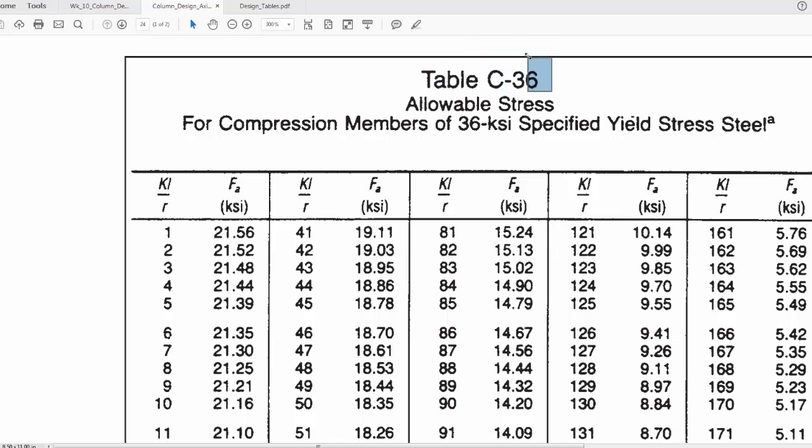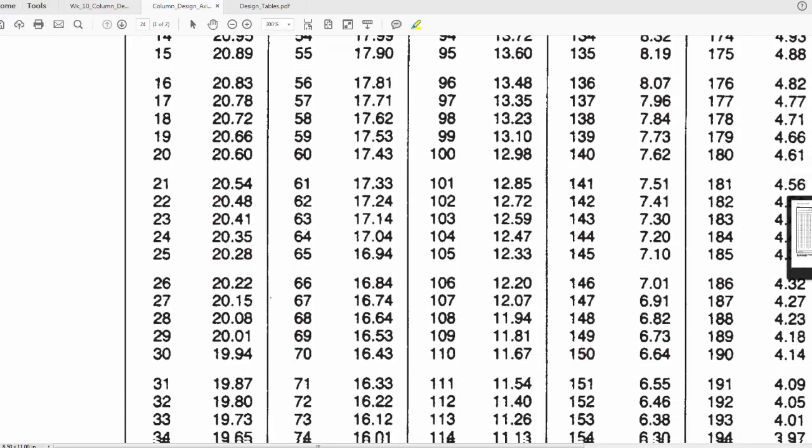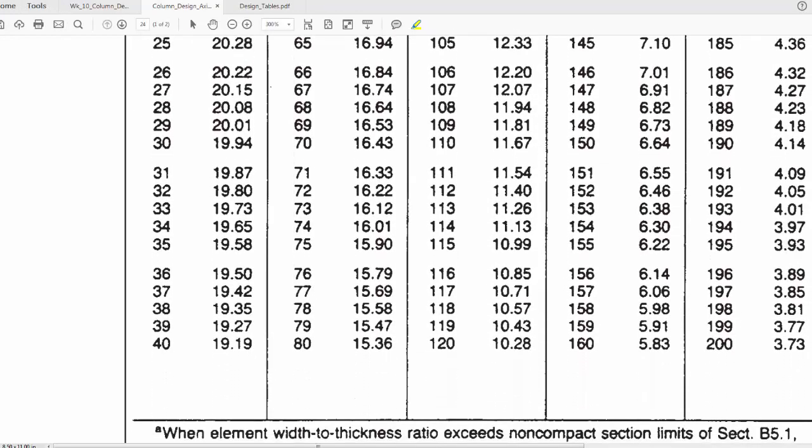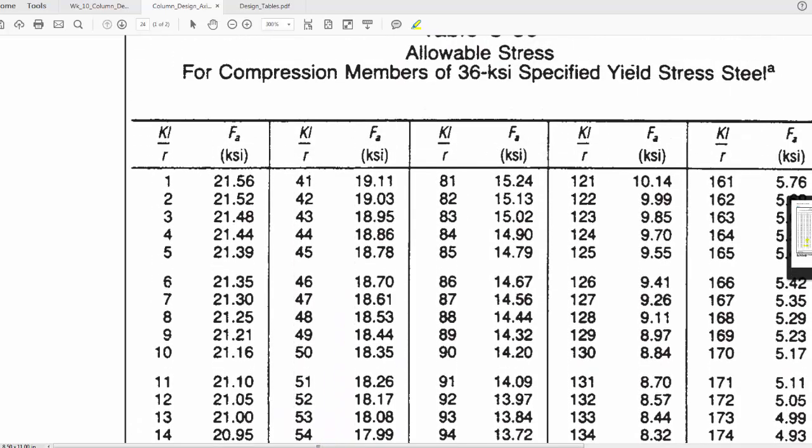This is table C36, so you have to use C36, and the value is 78, so look for 78 here. This is 78. You see the value of FA, this goes to FA.